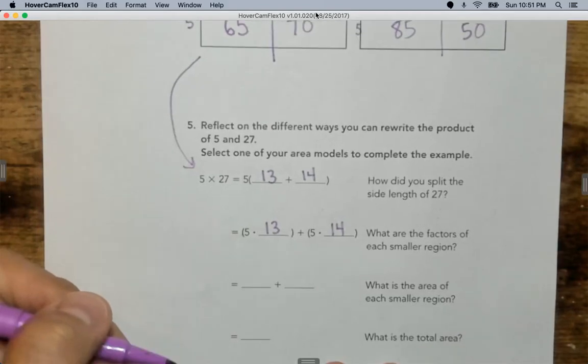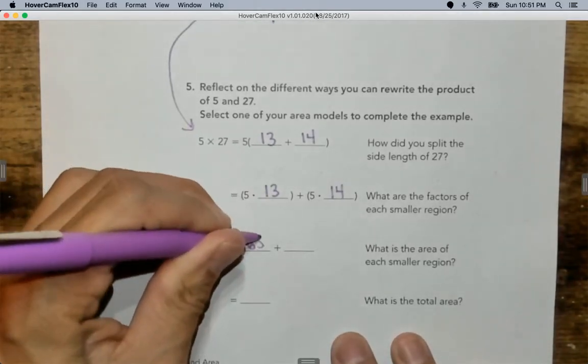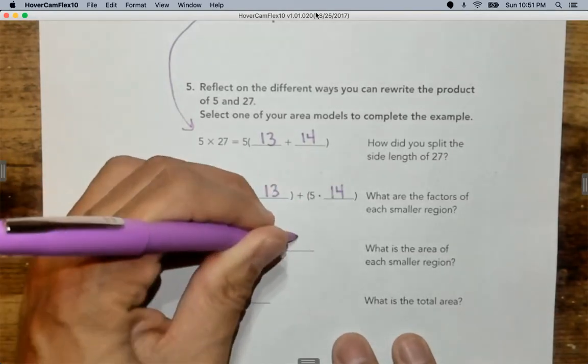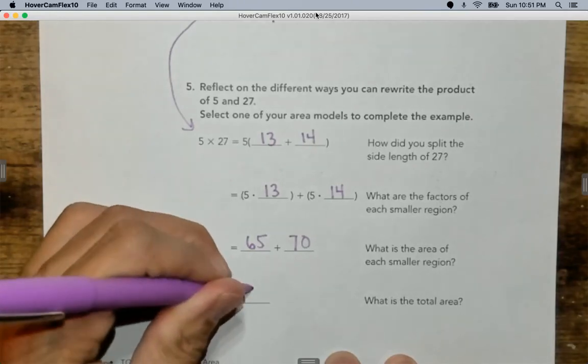And then in the next row down, 5 times 13 was 65, 5 times 14 was 70, and when I add those two together, I still get 135.